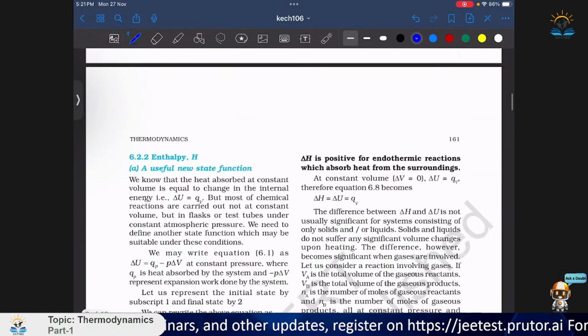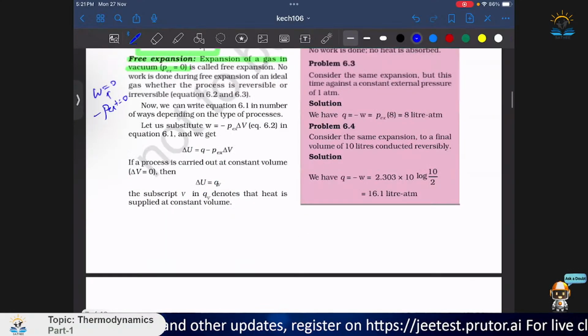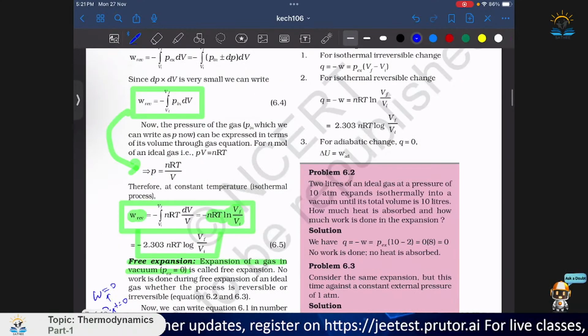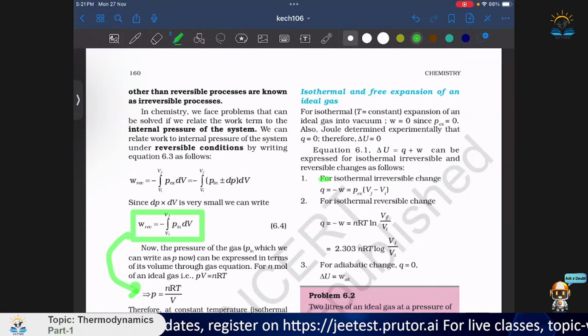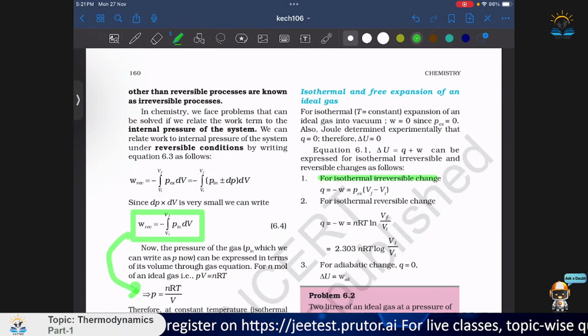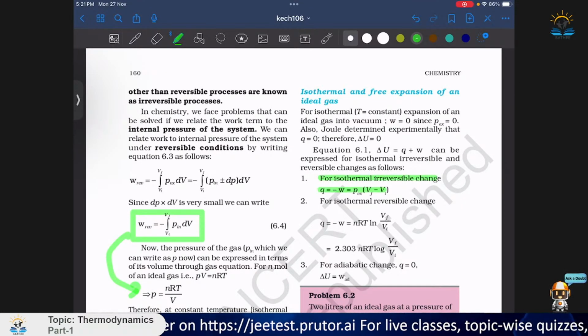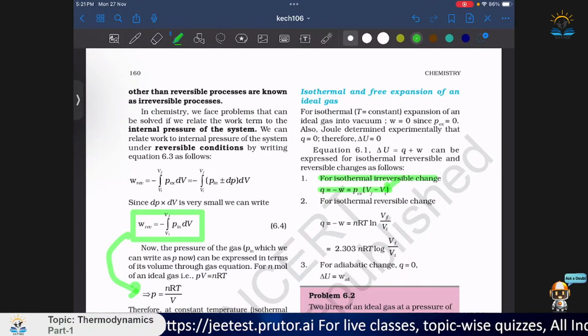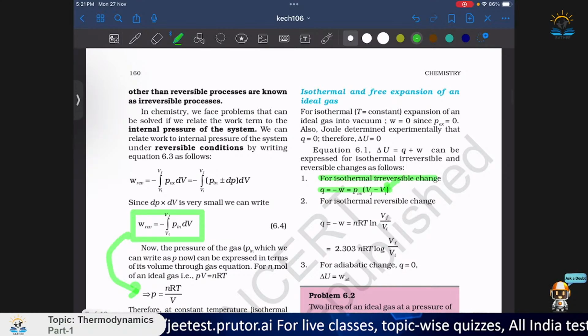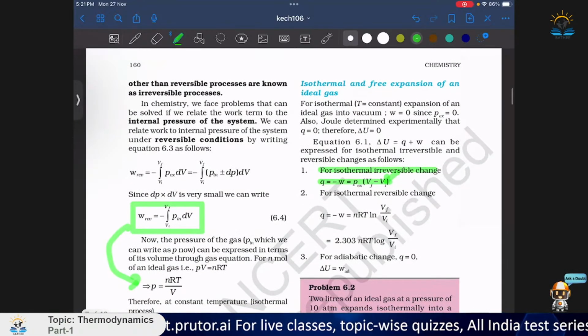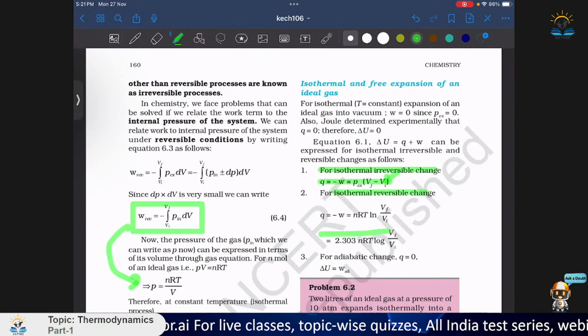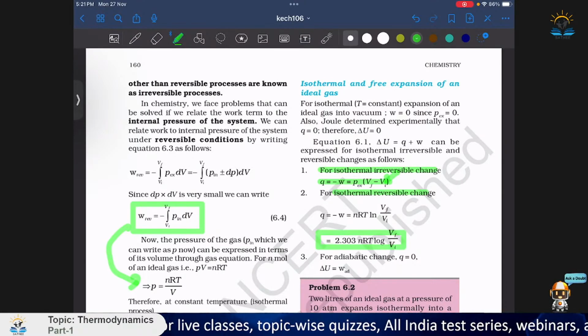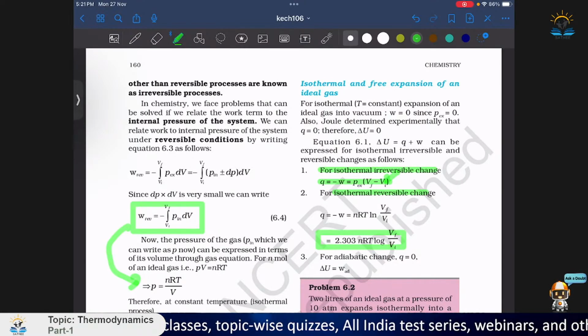Then isothermal and free expansion of an ideal gas. For isothermal irreversible change, this is the work done. Irreversible means simple arithmetic. Then for isothermal reversible change, we have to use the integration and log scale here.